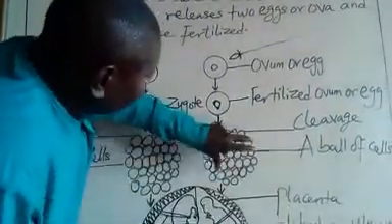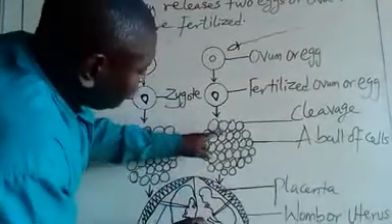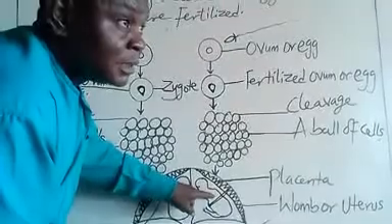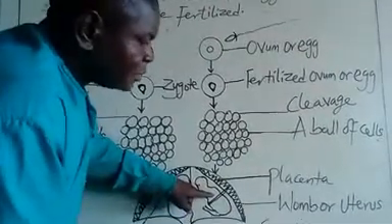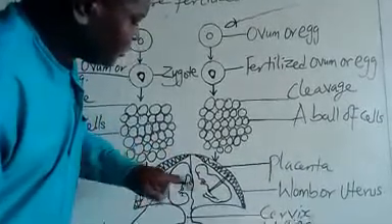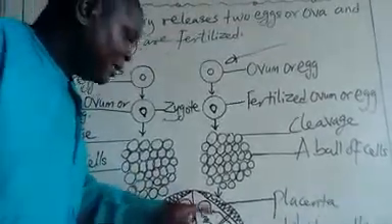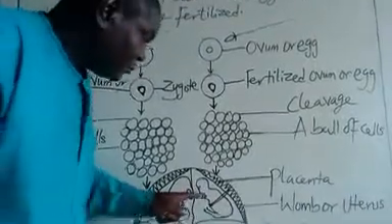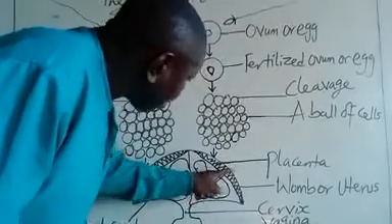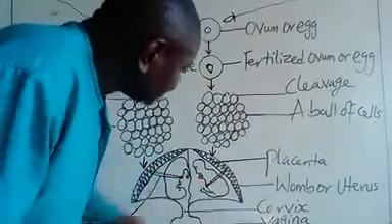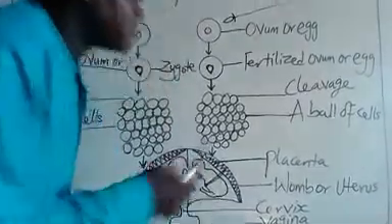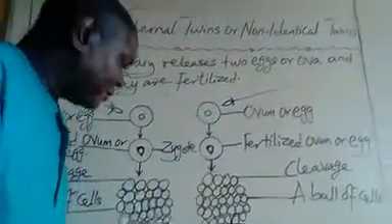Now, from this development, we could have a baby in the womb or uterus. Look at the baby. Now, there's what we call the umbilical cord. This is where the baby obtains the nutrients.